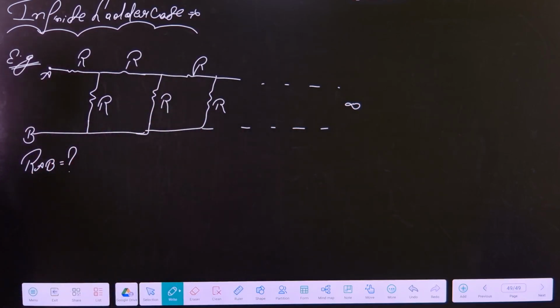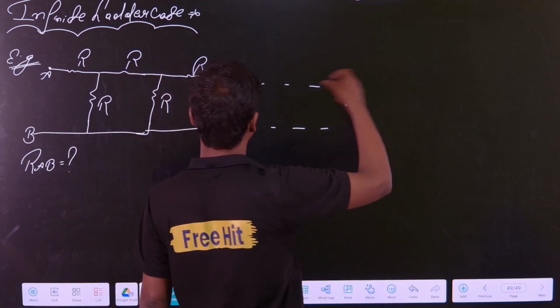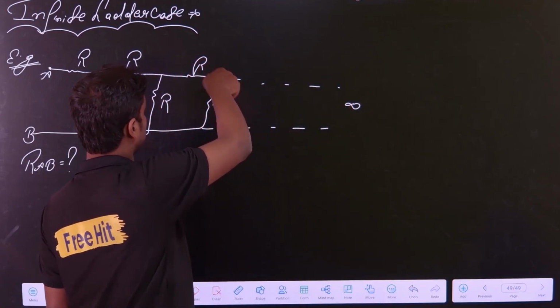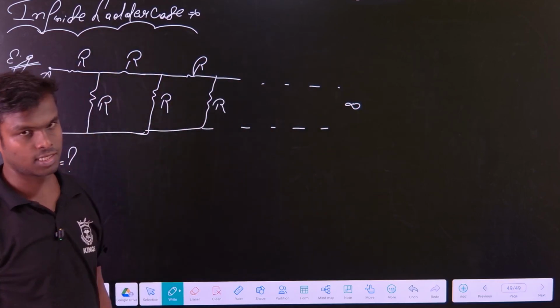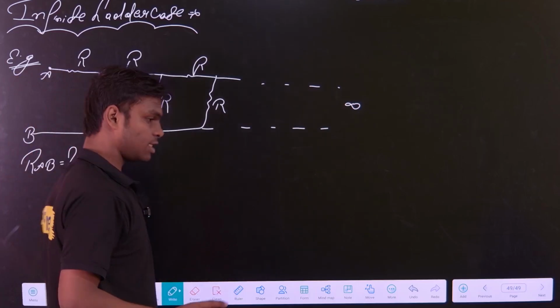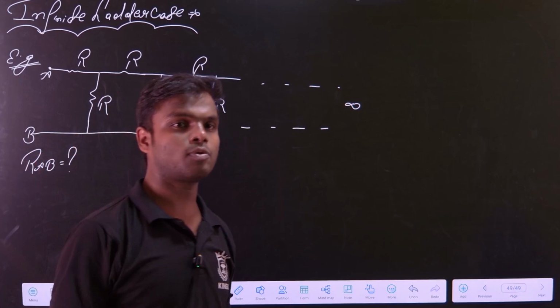How to find this? What is the basic approach? At infinity this circuit will be there, so these two will be in series, R and R, and they will be in parallel with this, and this is going to be repeated. But there is a proper method you have to follow.